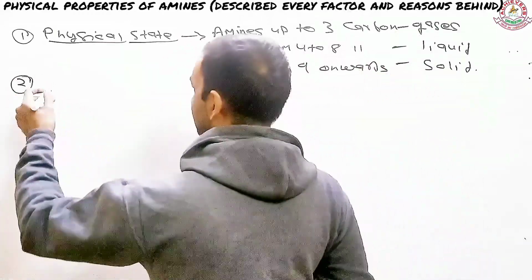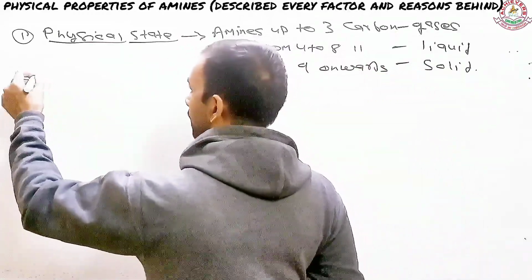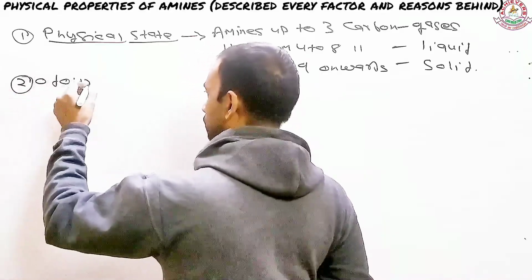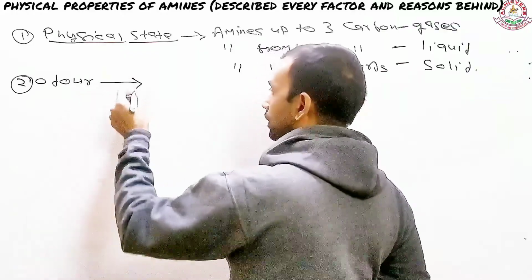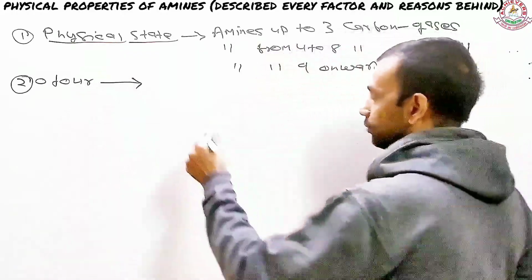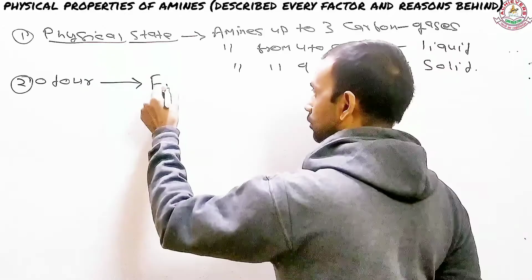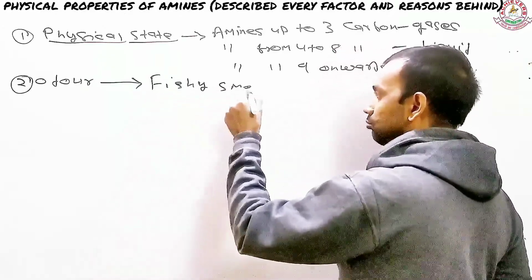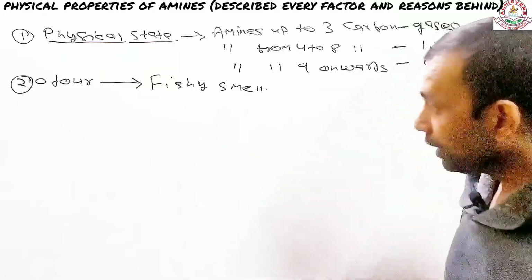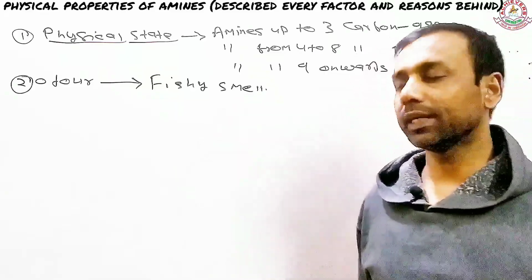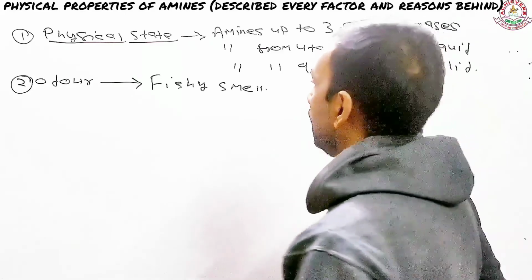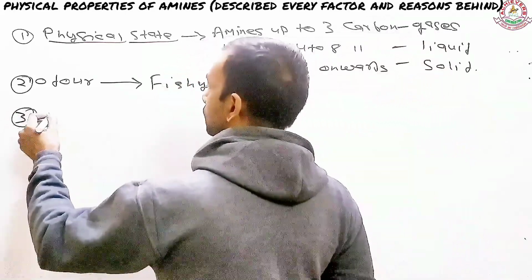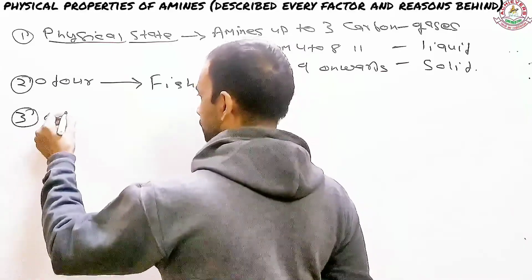The second one is about their odor. About odor, I would say they have a fishy smell. For me, this doesn't smell good because it has a fish-like smell. And third is going to be about color.